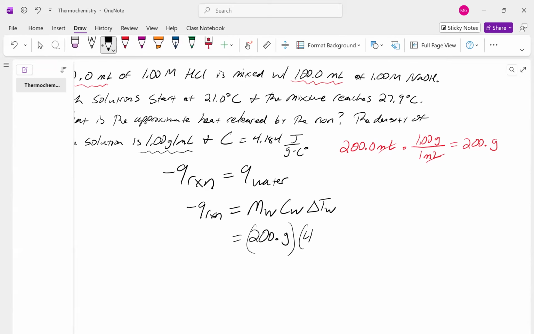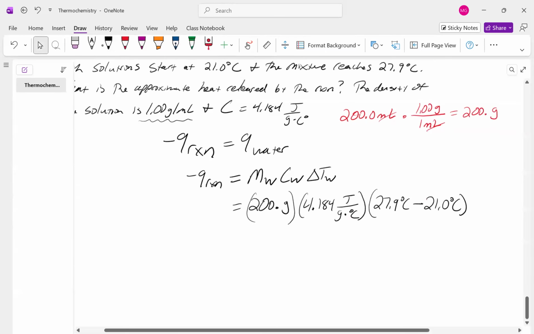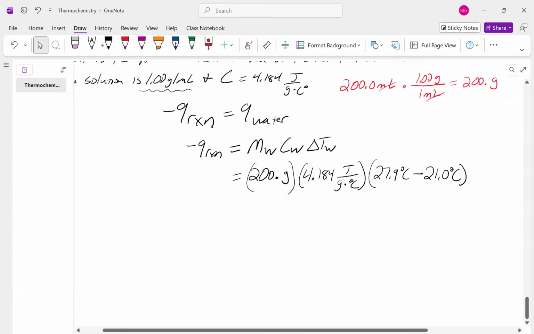The specific heat capacity is 4.184 joules per gram per degree Celsius. And our change in temperature is, well, the final was 27.9 degrees Celsius minus 21.0 degrees Celsius. All right, so notice here, I'm going to start canceling out some units.